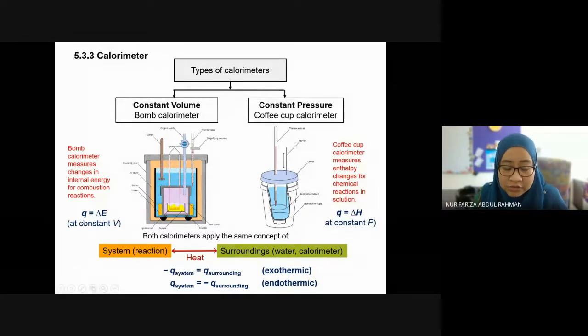You still need to divide by mole. If we are using the bomb calorimeter, it should be the energy change, not the delta H. If we are using the coffee cup calorimeter, delta H is still Q per mole. It's just that the representation is not delta E, it's delta H.